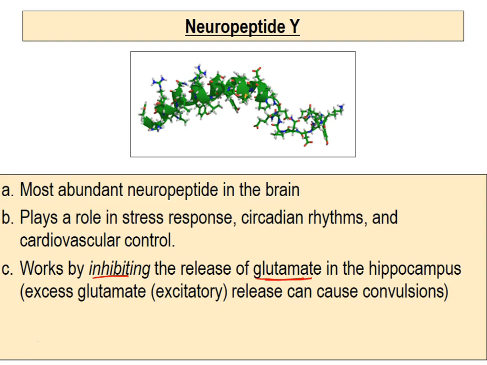Too much glutamate, the excitatory neurotransmitter we talked about, can cause convulsions. It can cause something called excitotoxicity, and neuropeptide Y has been found to be an inhibitor of high glutamate levels. Neuropeptide Y is also involved in the hunger response.